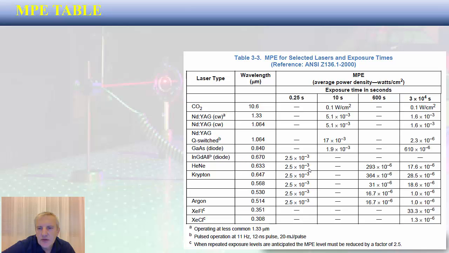These 3 numbers for the helium neon laser represent the maximum permissible exposure for a short period of time, for a medium period of time, and also for a long period of time, that are going to be used as the threshold, or the MPE, for this specific type of laser.